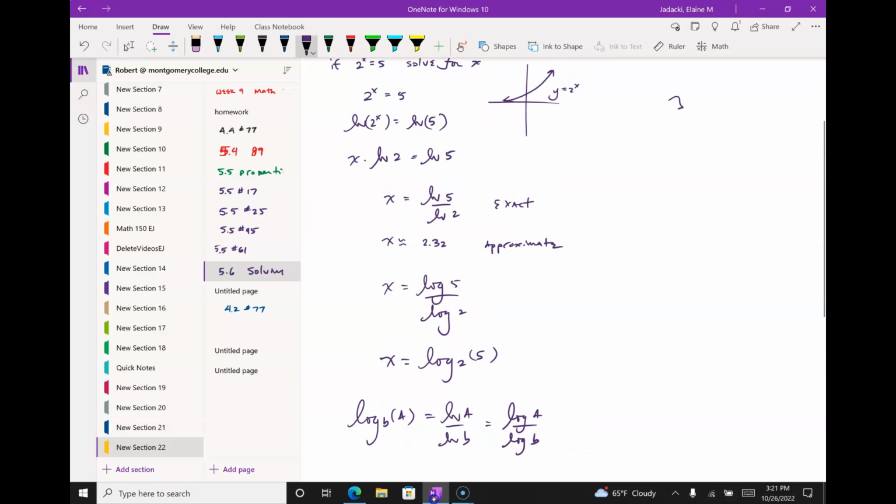I can do the same problem again, but I'm going to do it with log base 2 this time. So log base 2 of 2 to the x is equal to log base 2 of 5. What happens on the left?